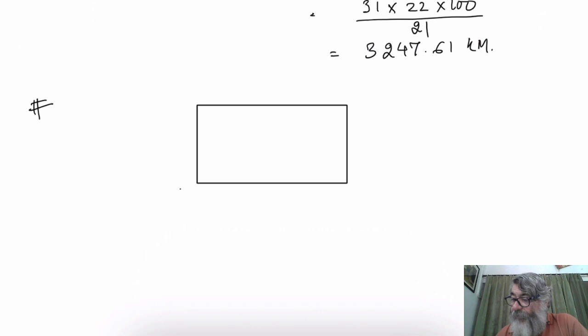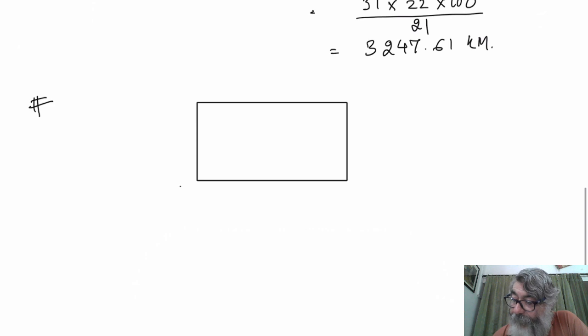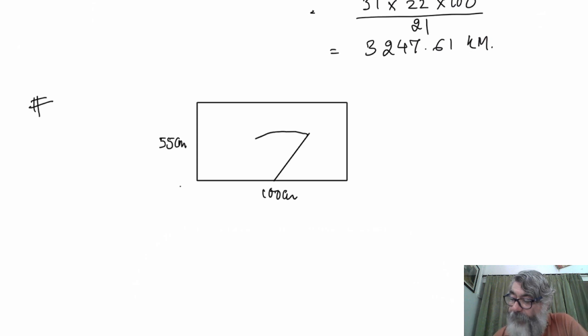Now in this windshield, there is 55 centimeter, this is 100 centimeter, and there is a wiper. The wiper is obviously going to clean a portion of the windscreen.